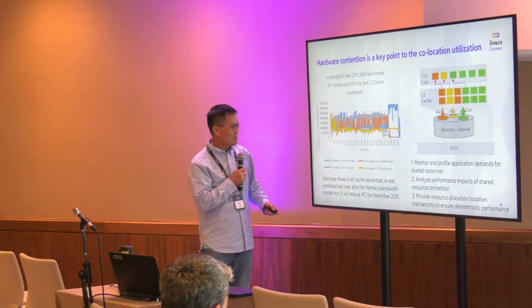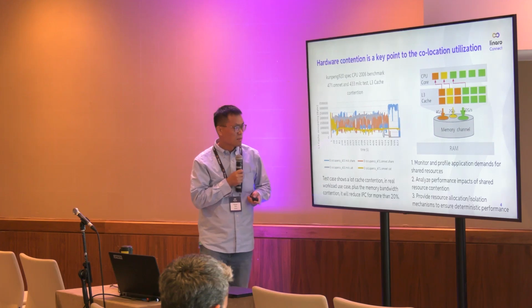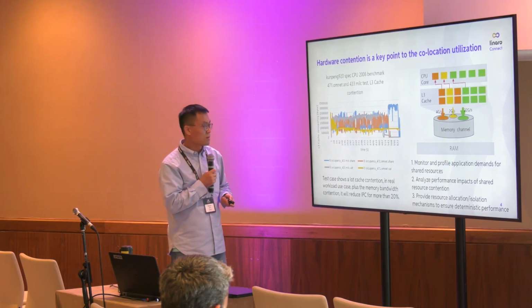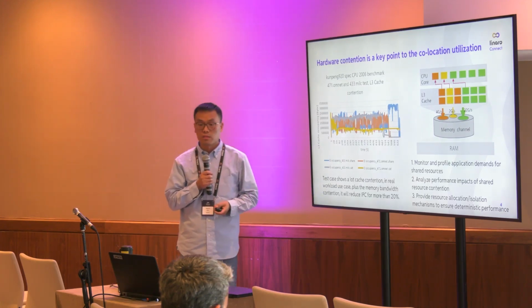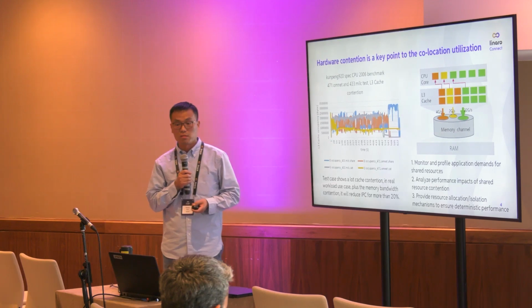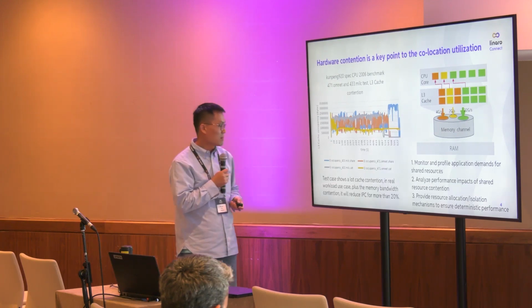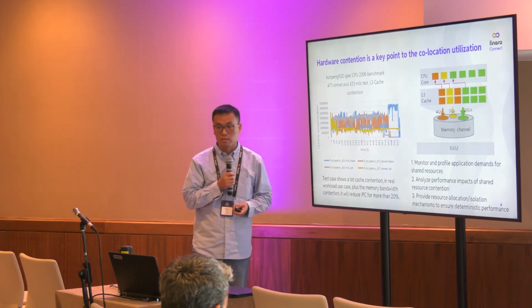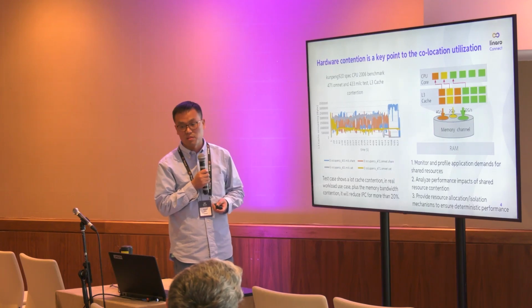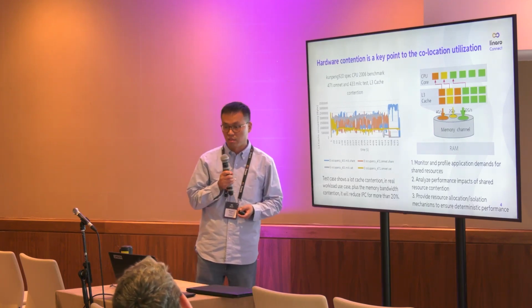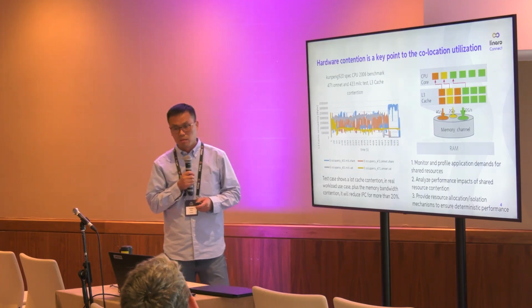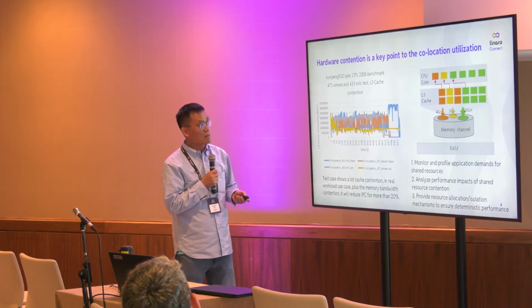So from the test case, there is a lot of cache contention, and in real workload use cases, the memory contention reduces IPC, instructions per cycle, by more than 20%.